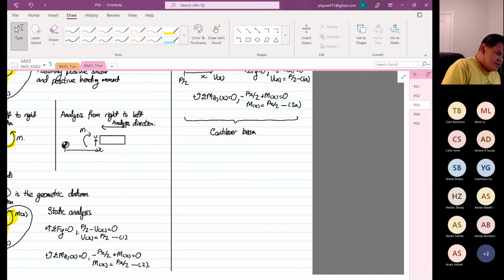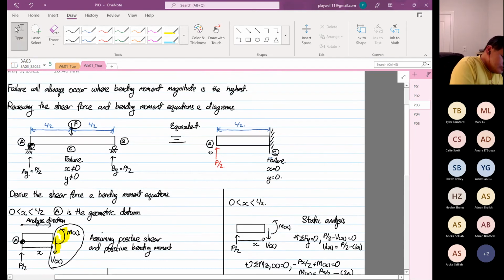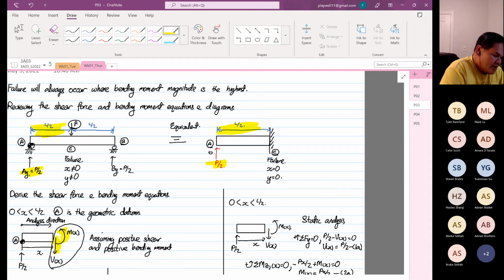That is why, from 0 to L/2 in this region, the loading condition is exactly the same if and only if at point A you have P/2 and at point A_Y over here you have P/2. They are the same. So I've proven to you why failure will occur at point C on the simply supported beam, and why failure will occur at point C on the cantilever beam.